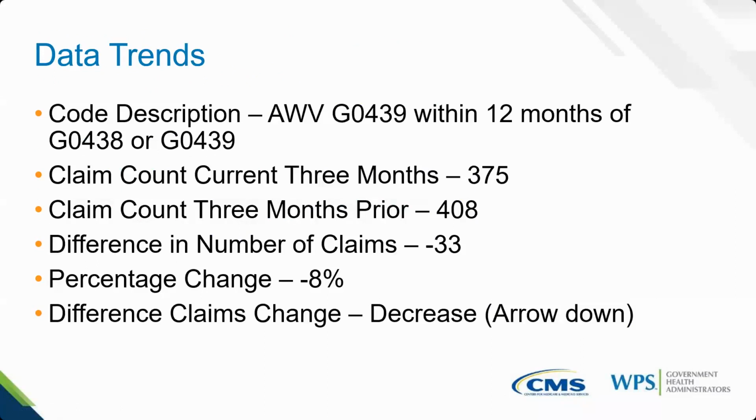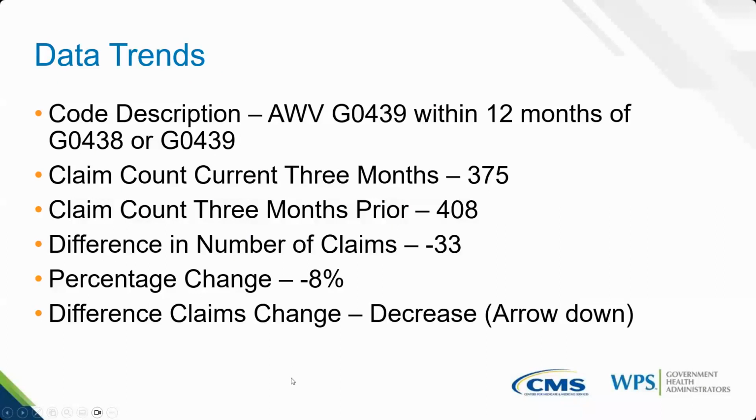The code description states AWV G0439 within 12 months of G0438 or G0439. And then it provides for us the current claim count for the current 3 months, 375. It'll provide the claim count for 3 months prior, 408, and then shows a difference in claims, minus 33, and the percentage of change is minus 8.